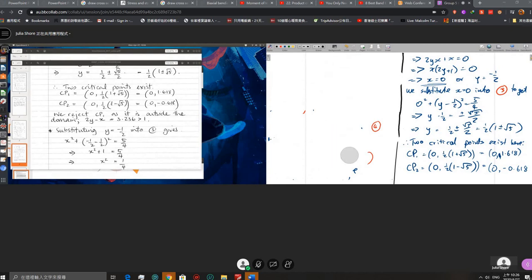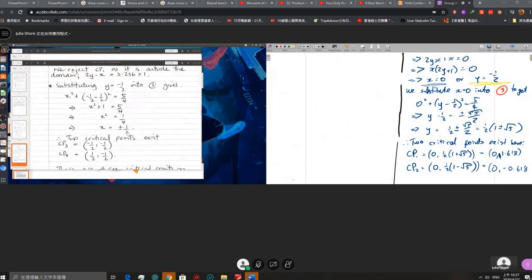And that was just using the x equals 0. But what we haven't used yet is this y equals negative a half. So see if we can find any more critical points. Y is equal to negative a half into 3 gives us x squared plus negative a half minus a half squared is equal to 5 on 4.